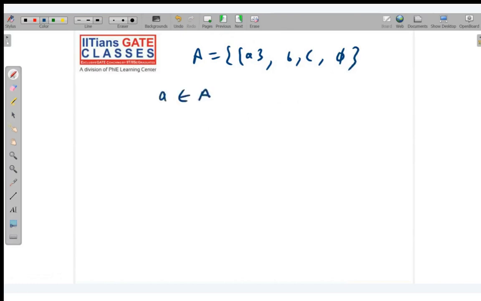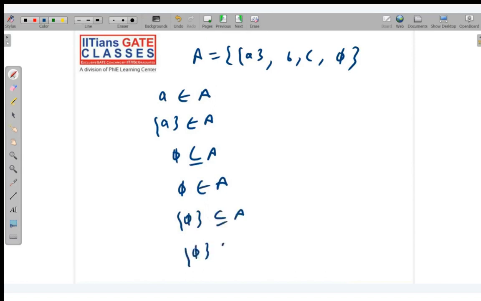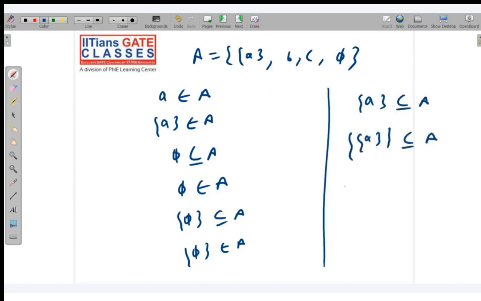Now if I ask you: A belongs to A; {A} belongs to A; 5 is subset of A; 5 belongs to A; {5} is subset of A; {5} belongs to A. Okay, and then I will write {A} subset of A and {{A}} subset of A.